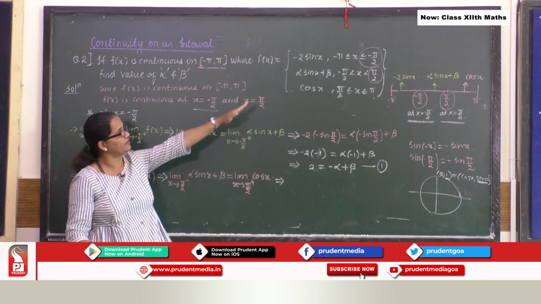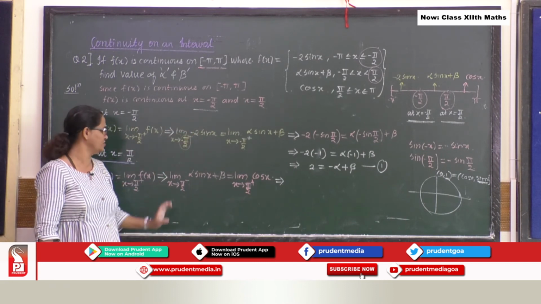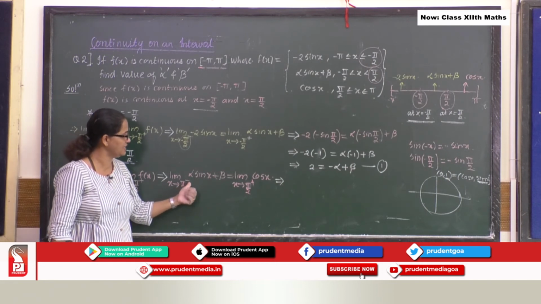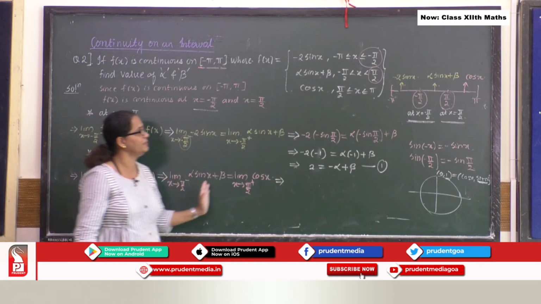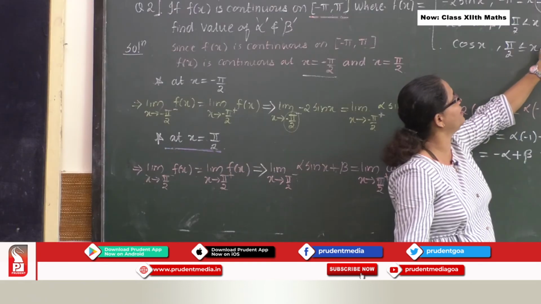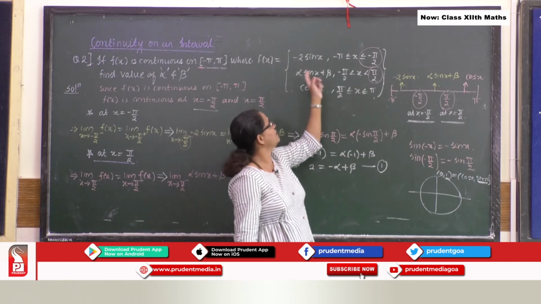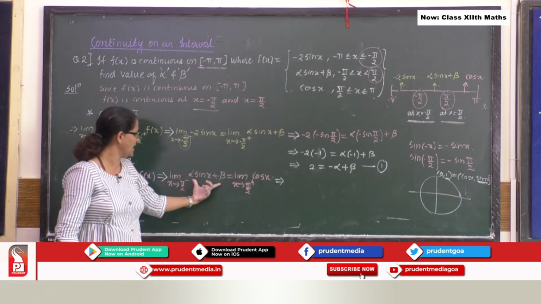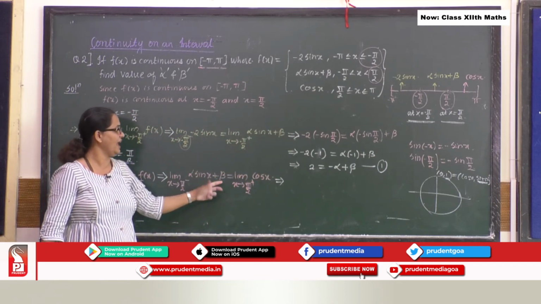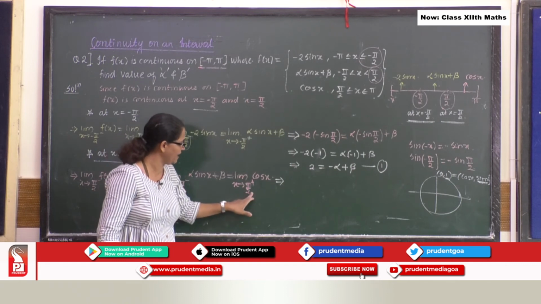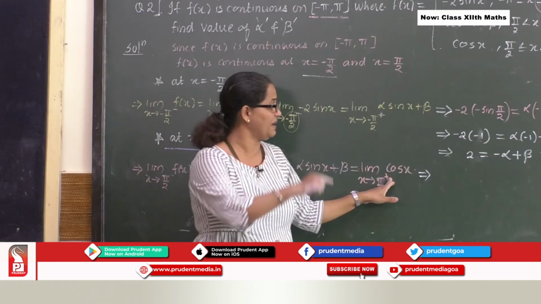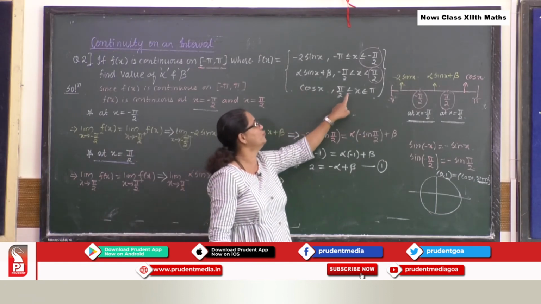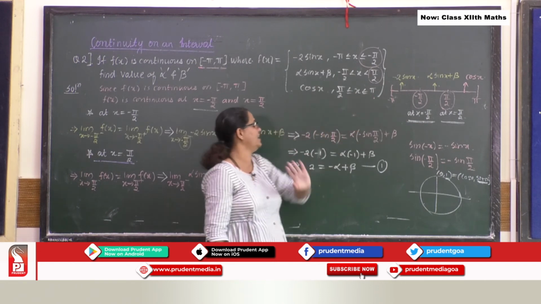So when we choose our definitions, limit x tends to pi by 2 minus is my left hand limit. Since x is less than pi by 2, the second definition applies, alpha sine x plus beta. Now limit x tends to pi by 2 plus is my right hand limit, so I take the definition which includes all x values greater than pi by 2.